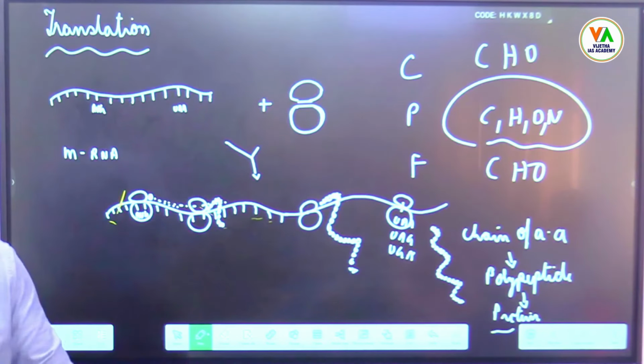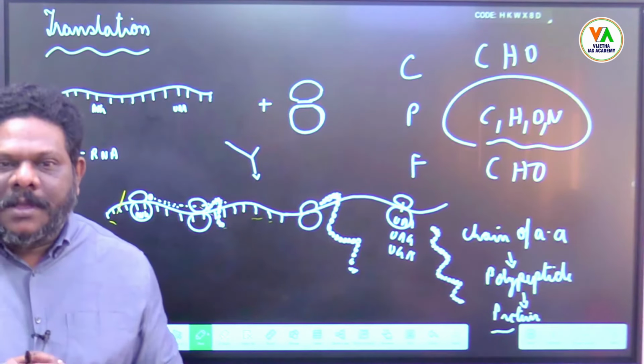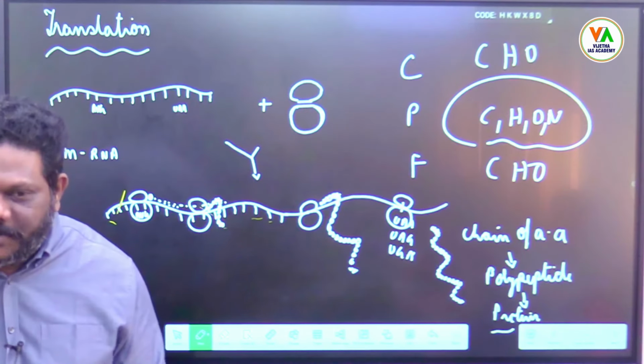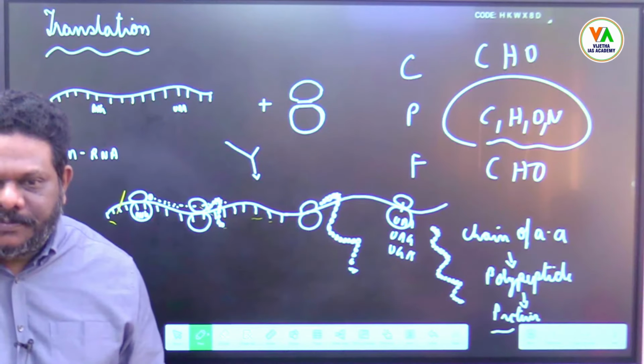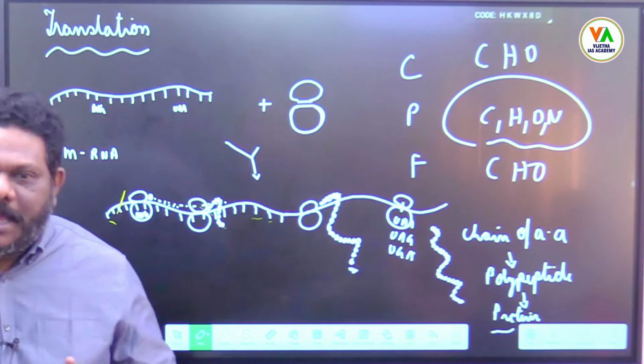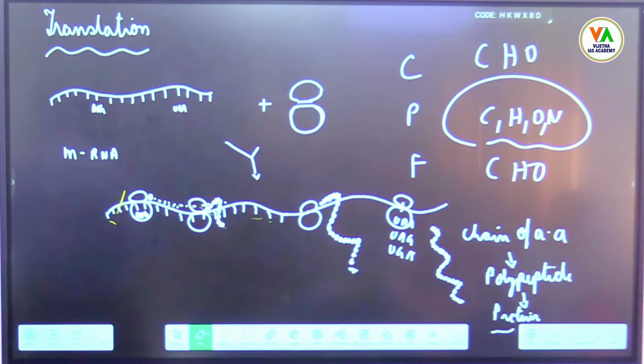But the manner in which they produce different proteins is different. Because maybe for amoeba it requires different proteins, but for us we require different proteins. You getting my point? The closer the relation between animals, the more similar their proteins are. Say for example, we are very close to chimpanzees. So our protein content and their protein content is almost similar.